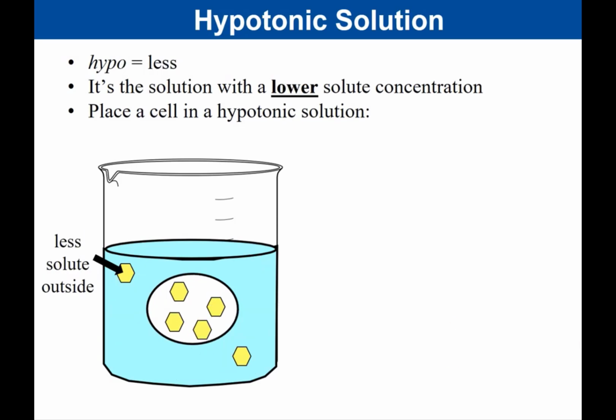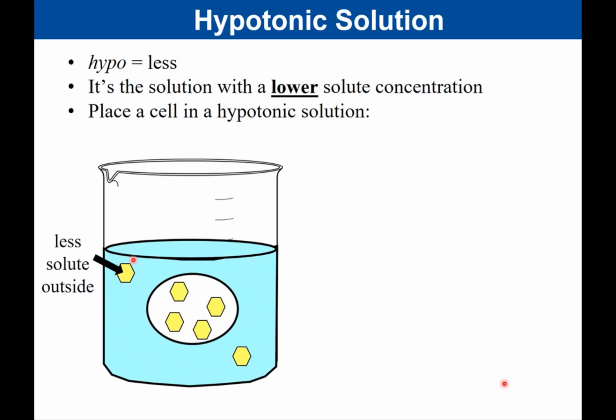Now, let's look at what's going to happen if you place a cell in a hypotonic solution. And hypo is less. So remember that if hyper is more, hypo is the opposite, it's less. So in this case, it's the solution with a lower solute concentration.